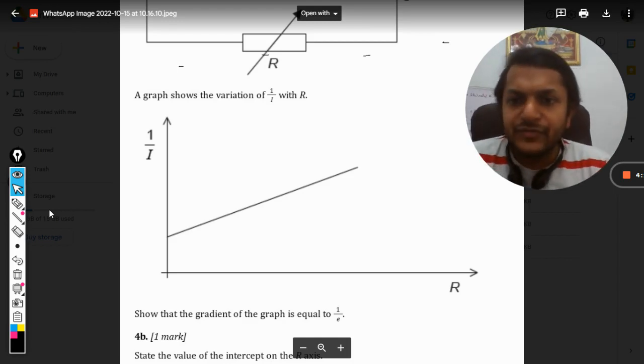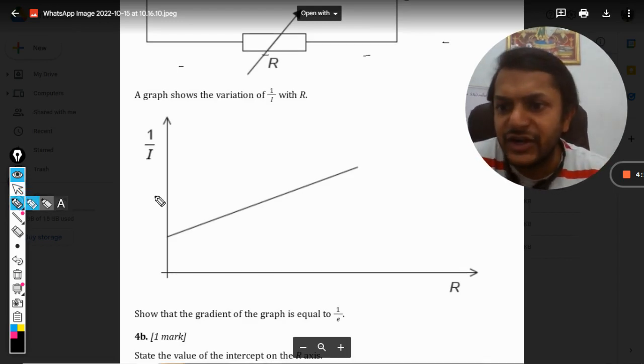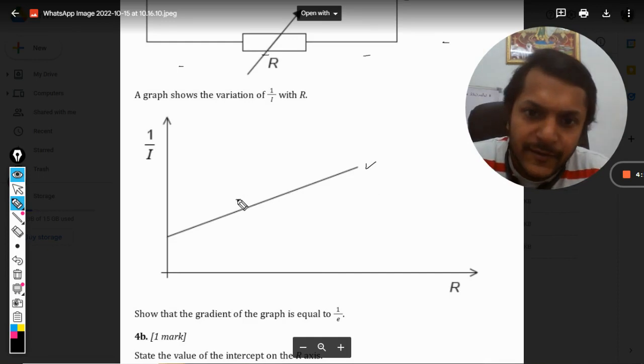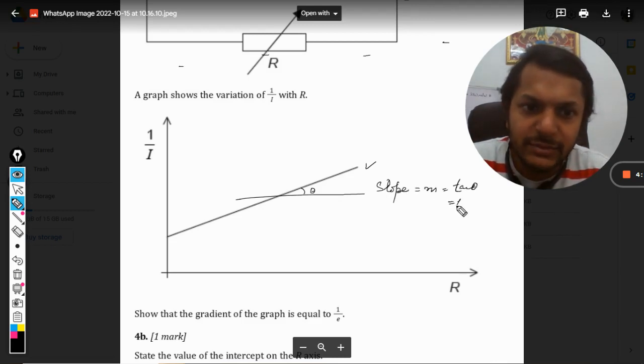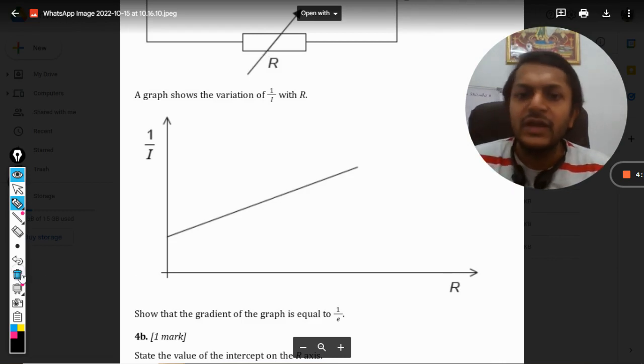So we need to show that the slope of this graph, the straight line, that is tan theta, is equal to m, is equal to tan theta. So this is coming out to be equal to 1 by E. Anyways, let us see.